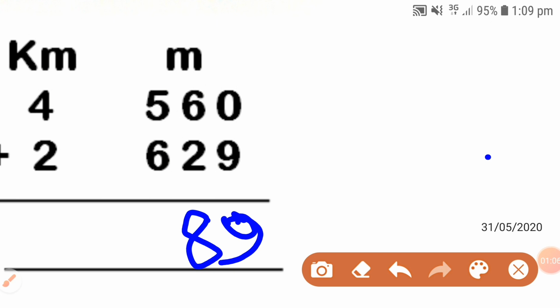What about 5 plus 6? 11. So what do you write? 1, then carry 1 to the kilometer side. Adding up the values in the kilometer, 4 plus 2 is 6, plus the one you carried, 7. So your answer is 7 kilometers 189 meters.